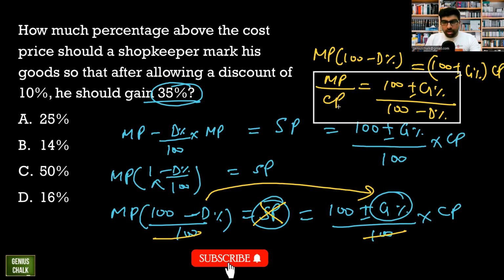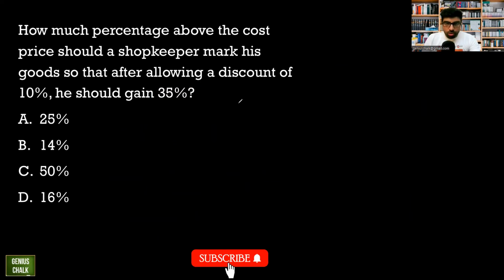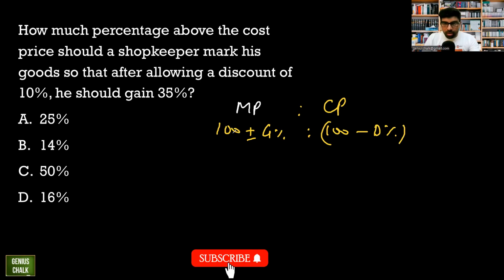Mark price by cost price is 100 plus gain percent over 100 minus discount percent, because discount is always subtracted. Whenever this question comes, you solve it like this.